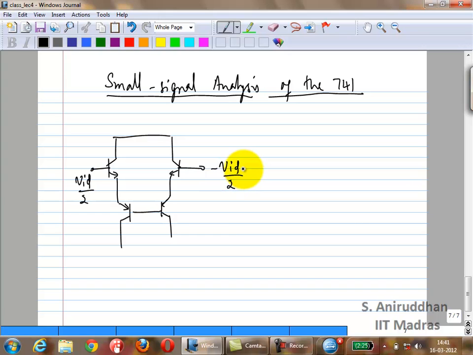So now to calculate the gain, we'll assume that it's being driven by a perfectly differential signal.